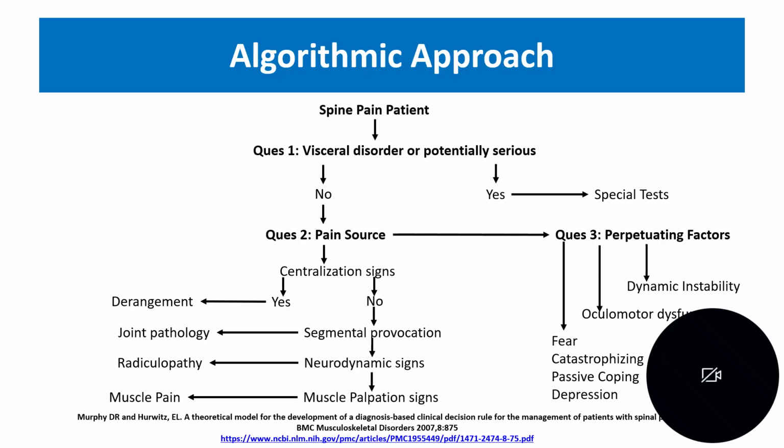Don Murphy uses the approach, which is a 3-question approach. Question number 1, any patient who presents with spine pain, you ask, are there any red flags, visceral disorder, or potentially serious condition? If the answer is yes, and there are a number of red flag situations that you have learned already because you've gone through this paper in last trimester.